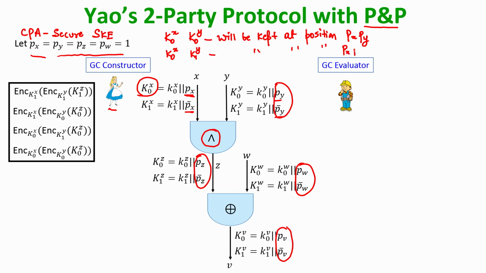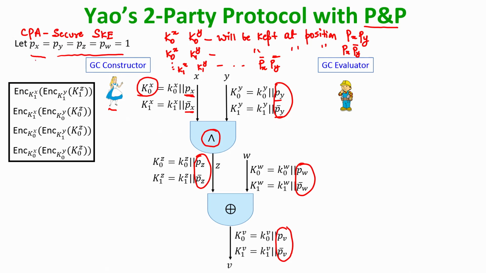And like that the encryption using the key combination K1x, K1y will be kept at position Px complement and Py complement. That means, the choice of these permutation bits associated with the x wire and y wire will determine the position of the corresponding double encryption among the 4 ciphertexts.